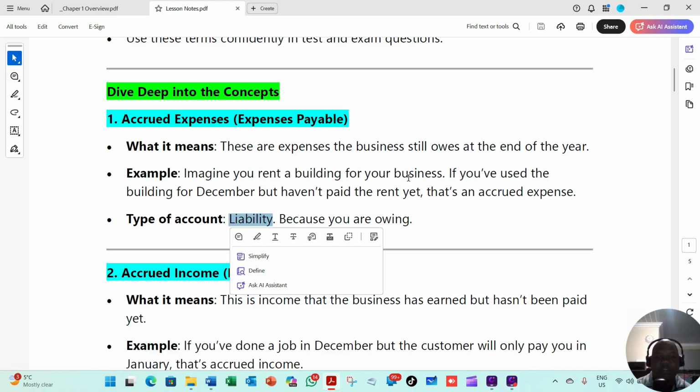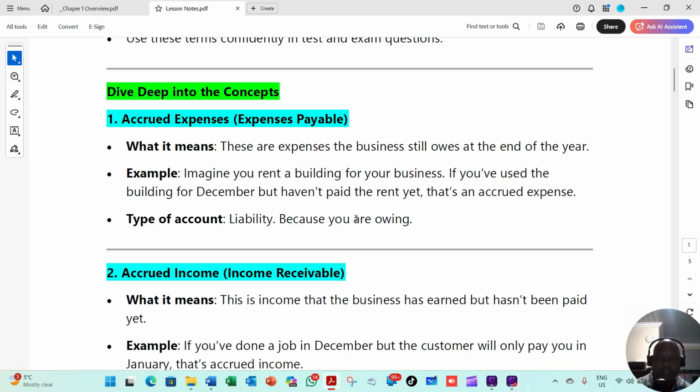Imagine you are renting a building for your business, and you have used the building for December, but haven't yet paid the rent. That's an accrued expense. So it becomes a liability. It appears on your balance sheet. Even as we progress with our lessons, you'll see that accrued expenses are shown on the balance sheet and not on the income statement.